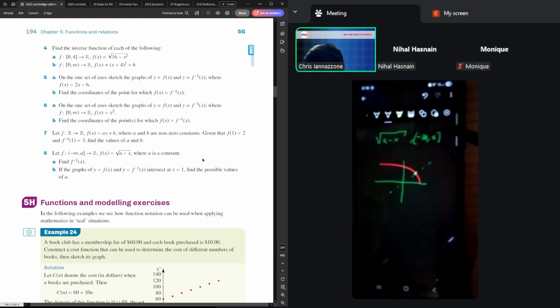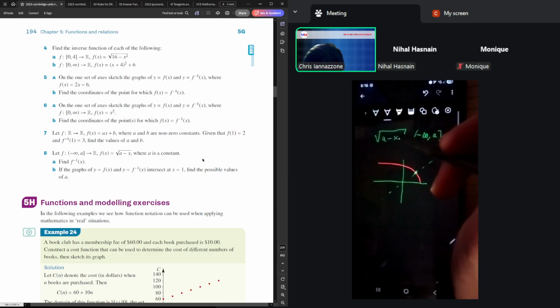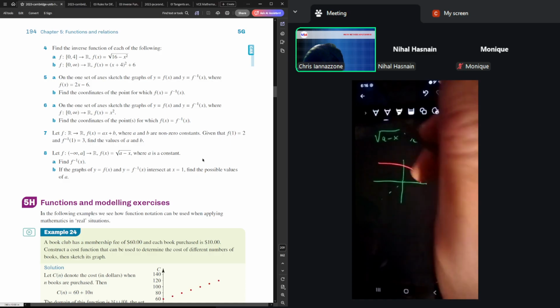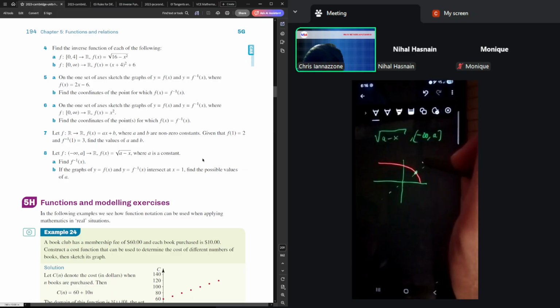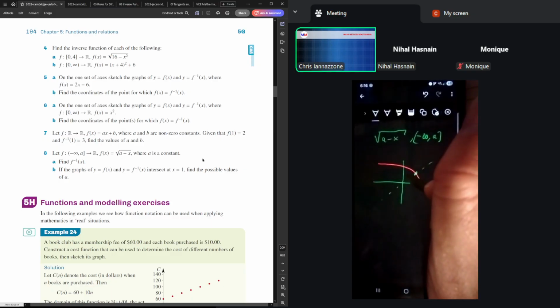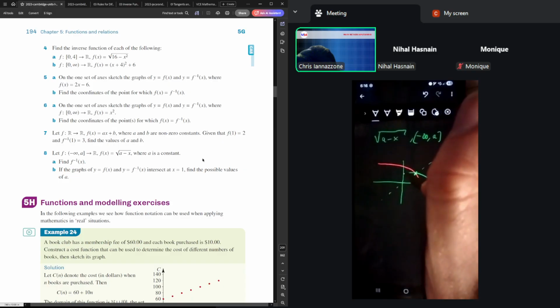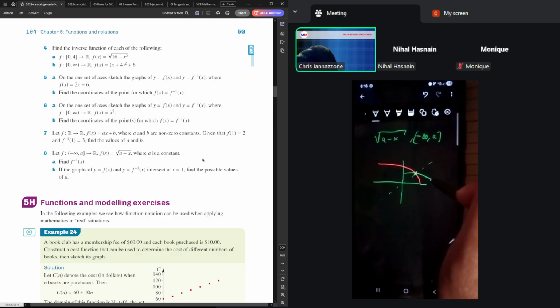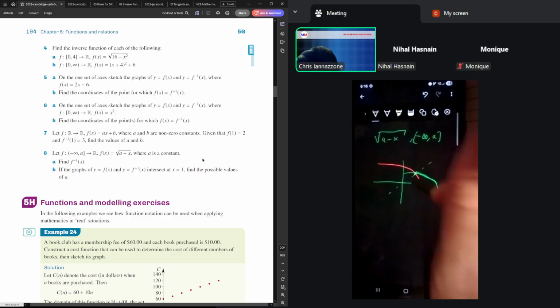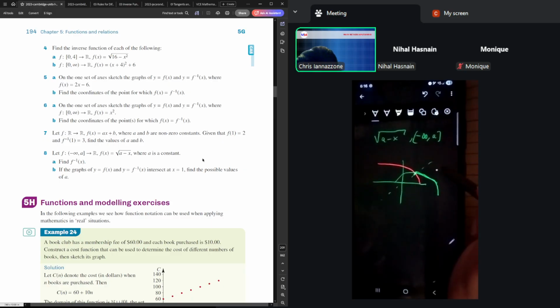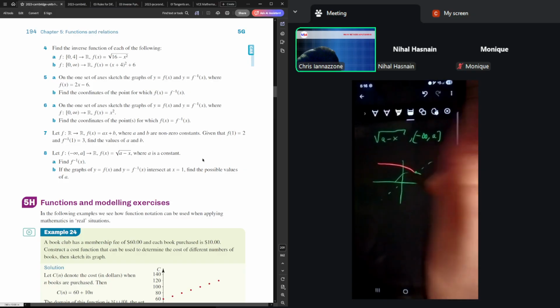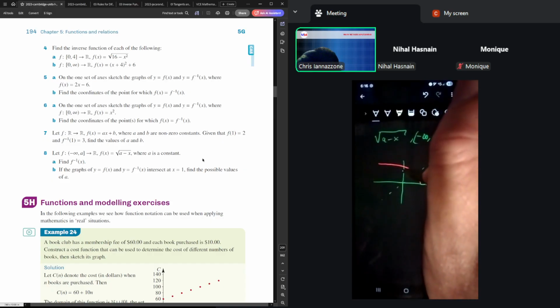That'll be the root, since it's reflected backwards. Which means we would expect the quadratic to do something like that. I'm always so bad at drawing these. God, that's awful drawing. Just trying to reflect that in the line y equals x.